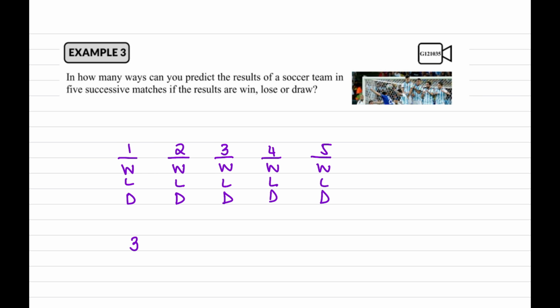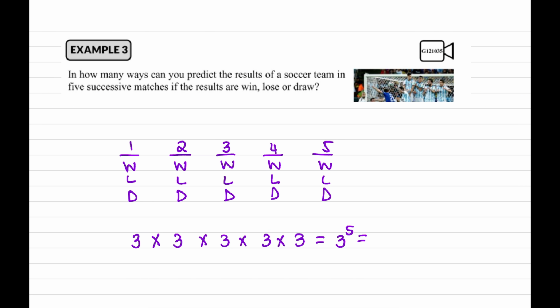So we'll have 3 options, times 3 options, times 3 options, times 3 options, times 3 options. So in total, 3 to the power of 5. And if you want to simplify that, that's 243 different outcomes that we can have for 5 successive soccer matches.